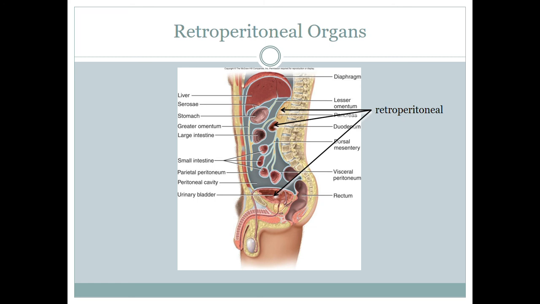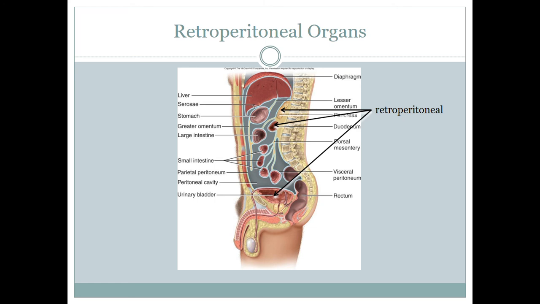For example, the pancreas, which that top arrow is pointing to, is only covered on the anterior side by the parietal peritoneum. The other side is stuck to the posterior body wall. So it's really not within the parietal peritoneum, it's outside of it, so it's said to be retroperitoneal.